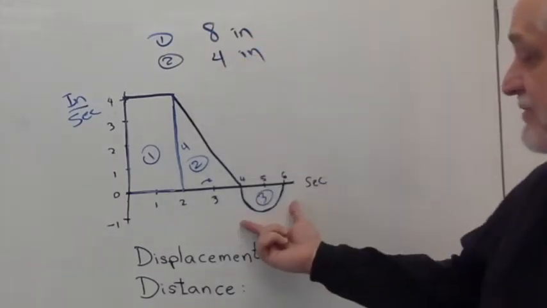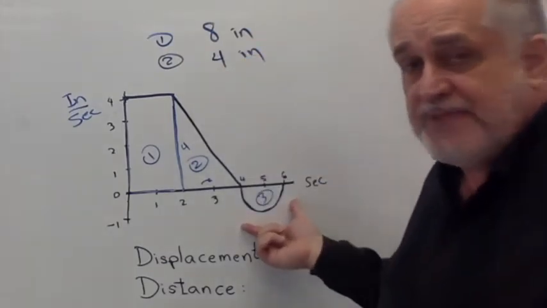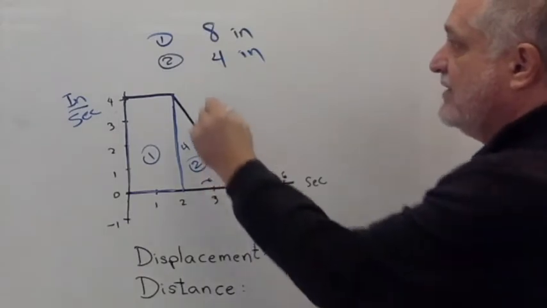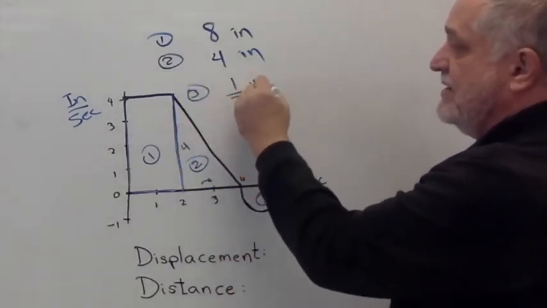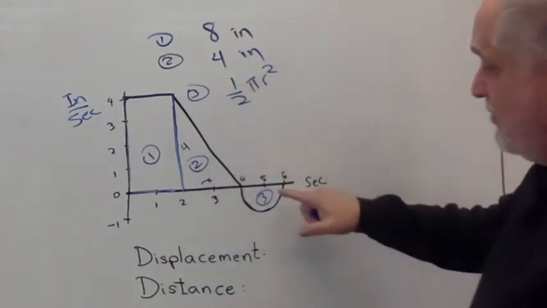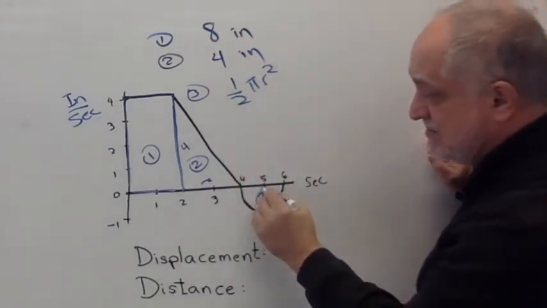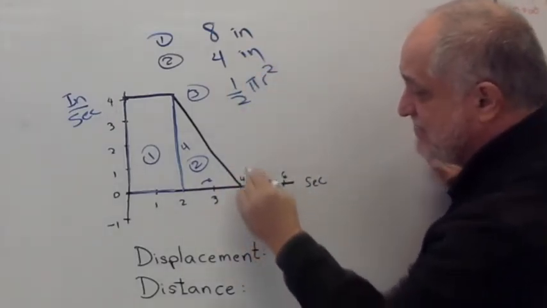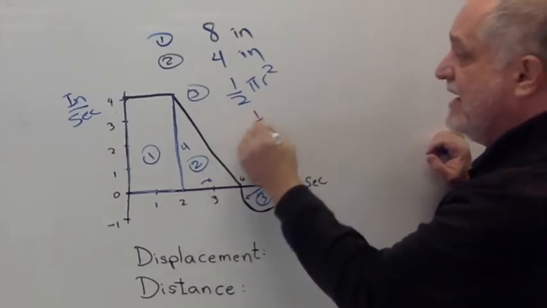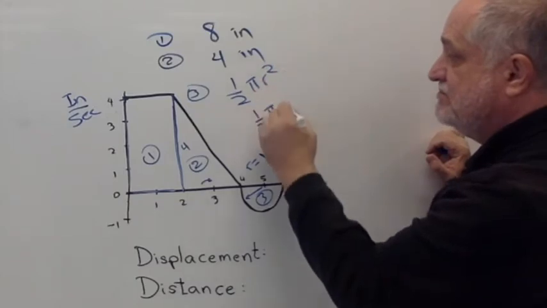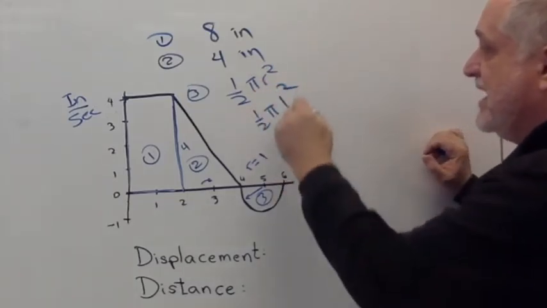And then finally, we've got this half circle right here. So area 3 is 1/2 pi r squared. Our radius here is equal to 1. So we have 1/2 pi times 1 squared, so this is pi over 2.